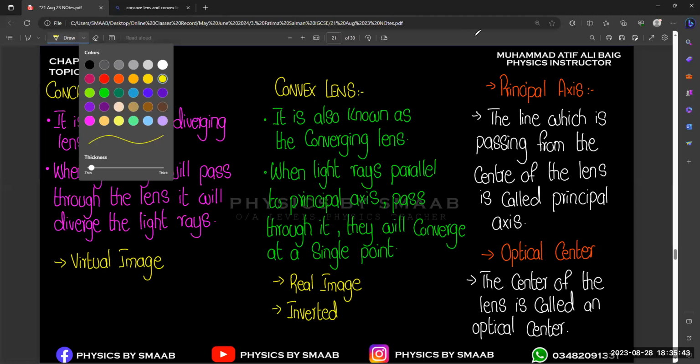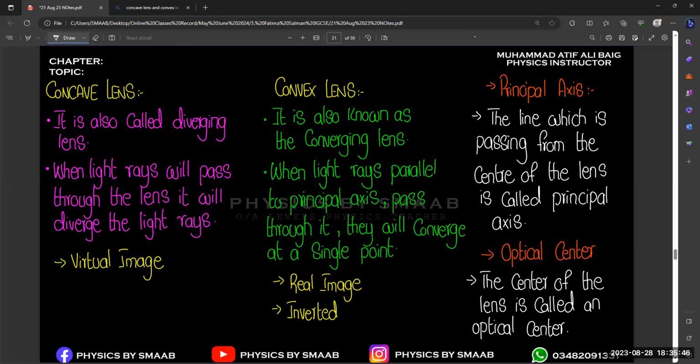If you want to write the definition for virtual image, you can write it like this: when the image cannot be obtained on the screen.